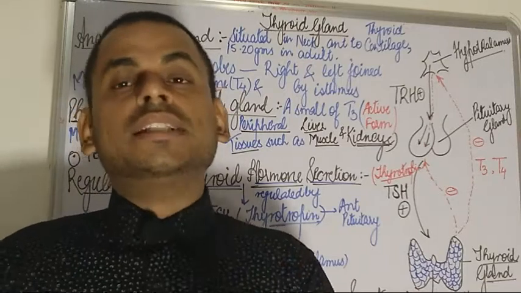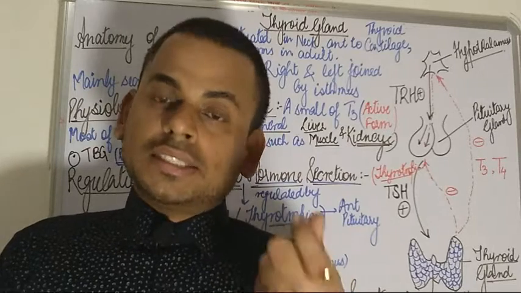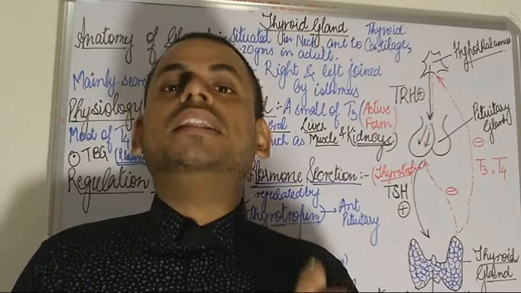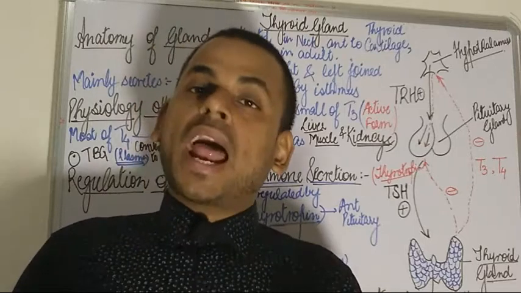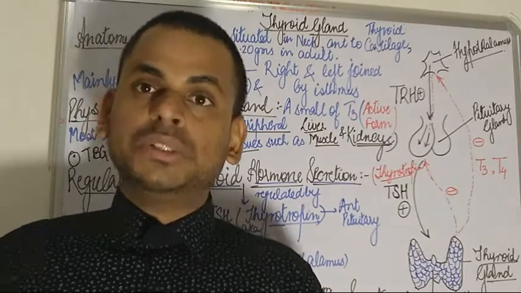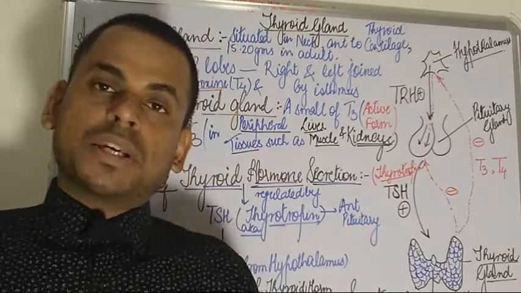So T3, the triiodothyronine, is the active form of the hormone, and T4 needs to be converted to T3 in the peripheral tissues so that it can exert its metabolic action.